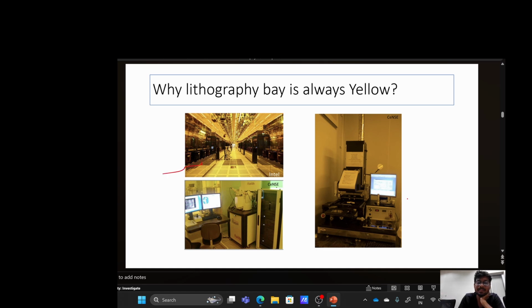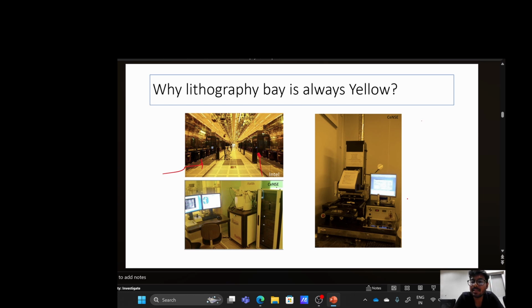This is an image of the clean room. This is a very large clean room, which is maintained at very low particulate contamination.